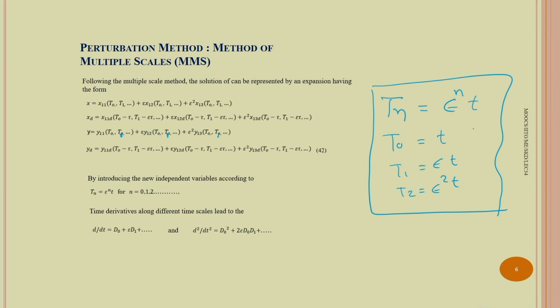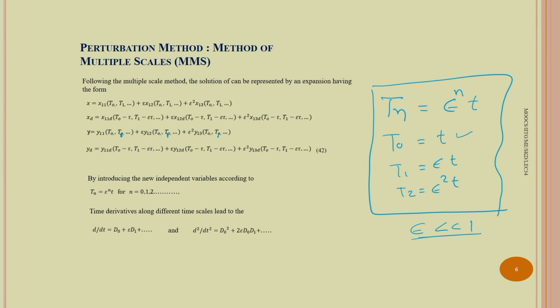Here we are taking 3 different time scales, where epsilon is a bookkeeping parameter which is very much less than 1. As it is very small, T1 and T2 are further less and less than the time scale T.